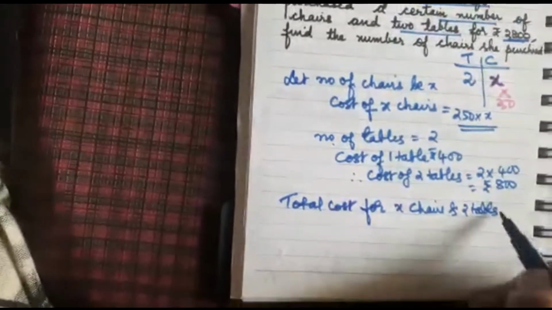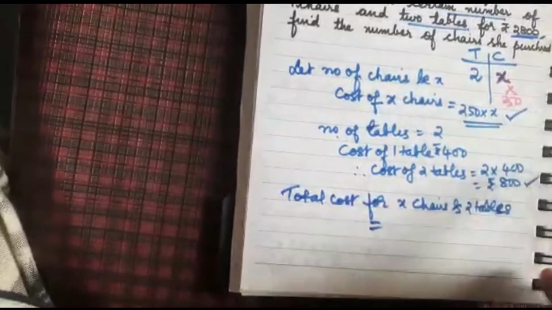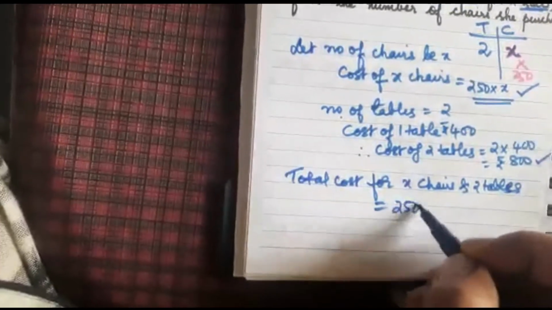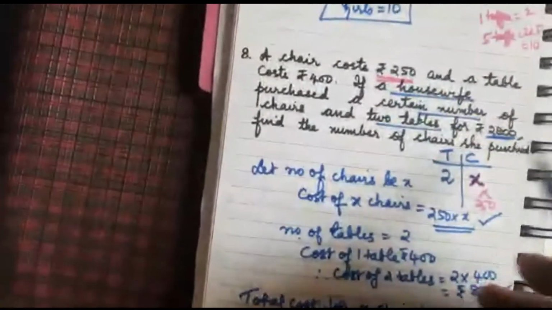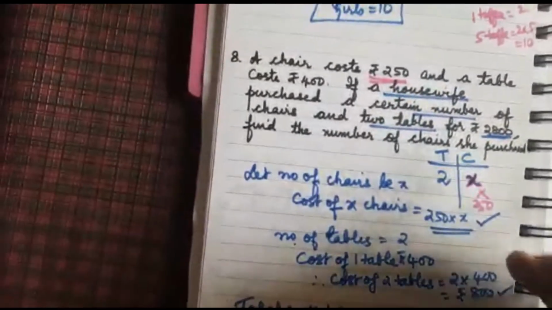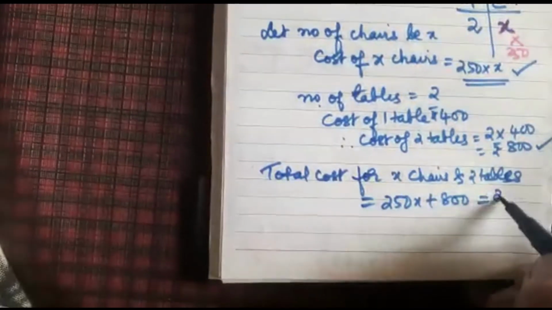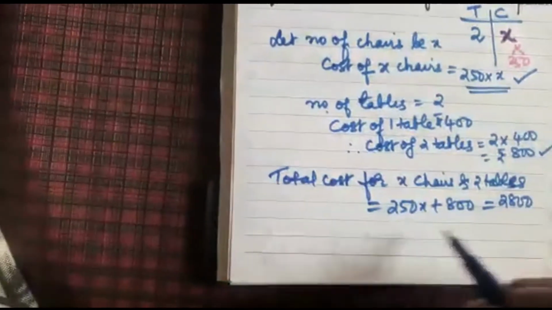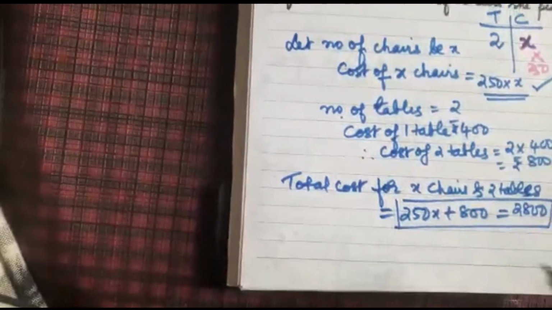is 250x plus 800. How much did she pay? She paid 2800 rupees. So it is equal to 2800. Now here we got an equation. How will you solve the equation?